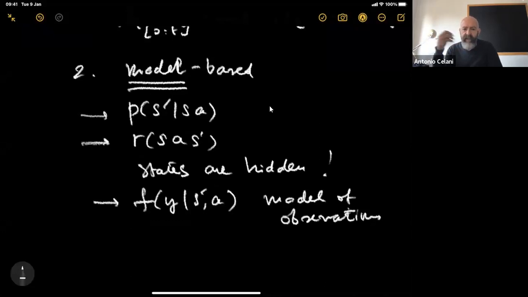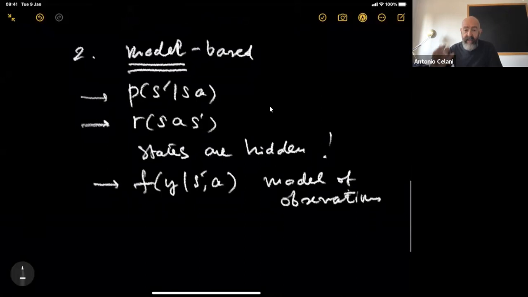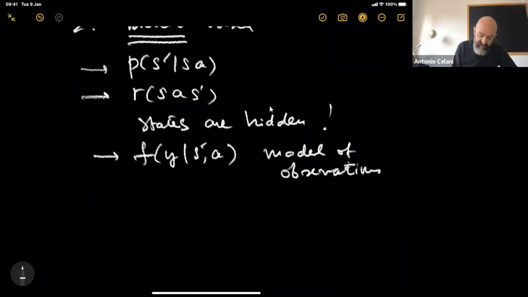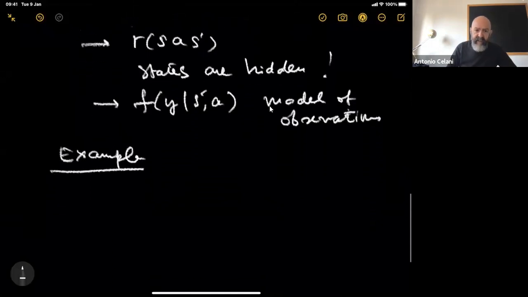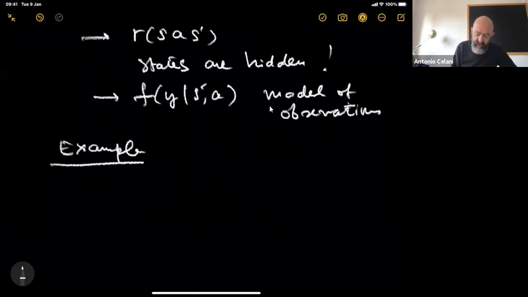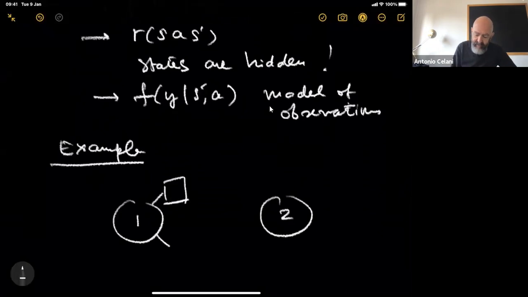Okay, so why is this a challenge? So in order to fix the ideas, but again, I insist that all the treatment is rather generic. It applies to any kind of system. Let's fix the ideas on a specific example. And the specific example is the two-state Markov decision process. Okay, so we have two states and just two actions.